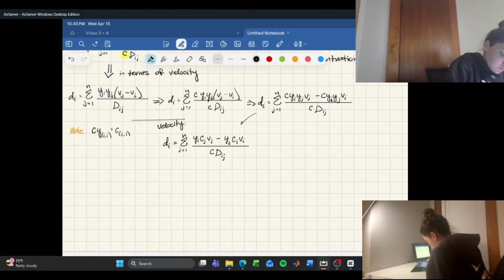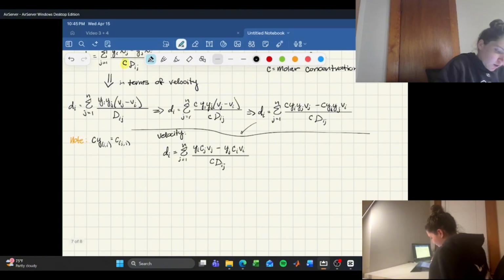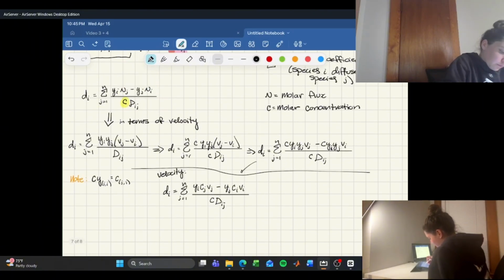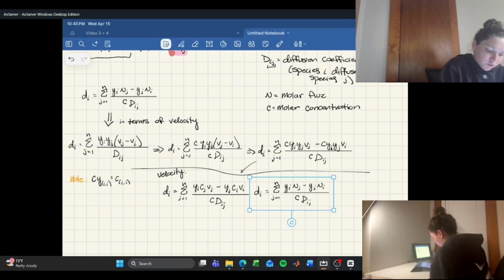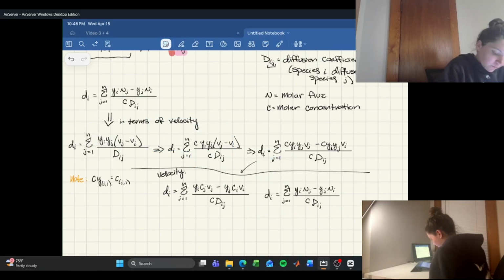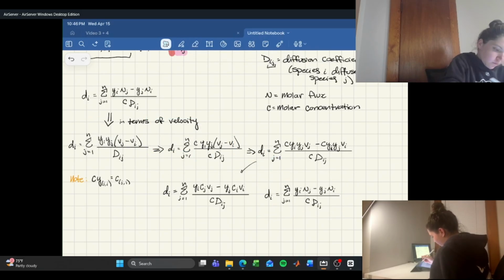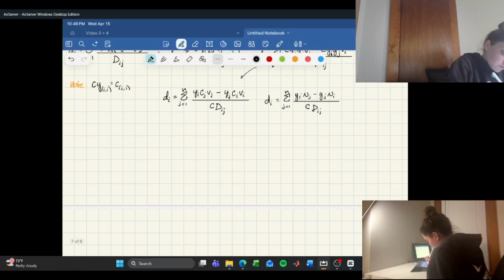So this is that one. Okay, I'm going to copy down the original equation that we have in terms of molar flux.